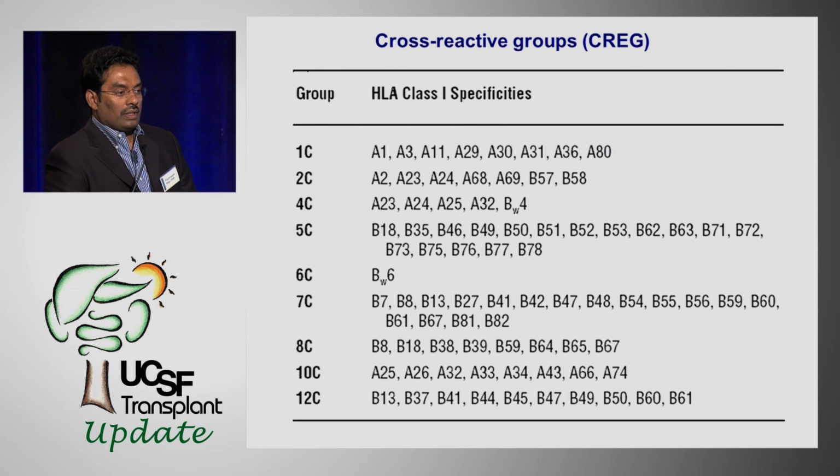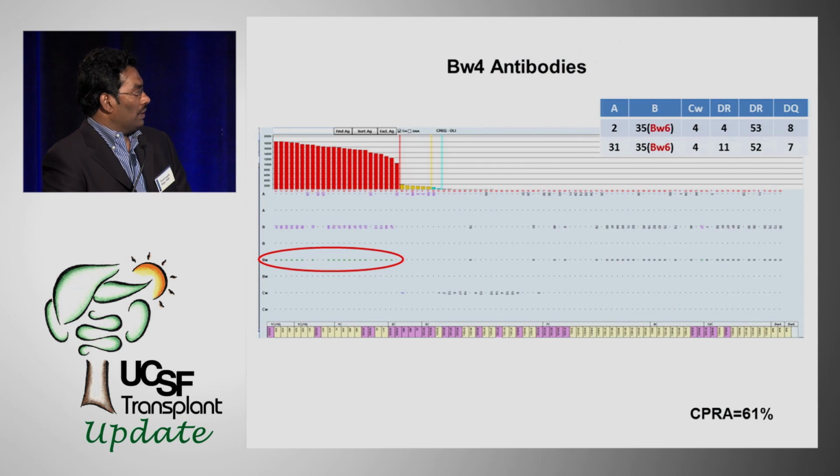Some of these cross-reactive groups have a very high frequency. They are present in the majority of HLA types, particularly BW4 and BW6. They are present in one third of the HLA B molecules. For example, in this patient, you can see one third of all the HLA class 1 molecules are reacting. This is only one HLA antibody, the BW4 antibody.